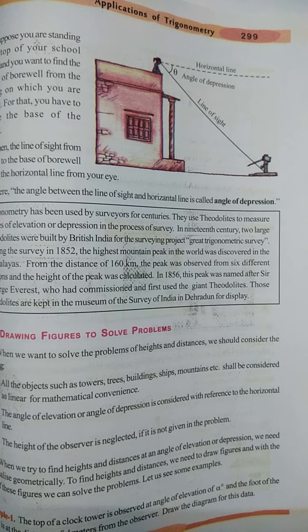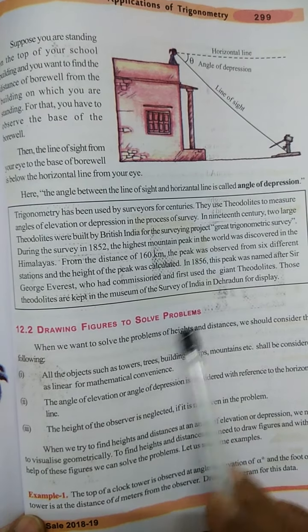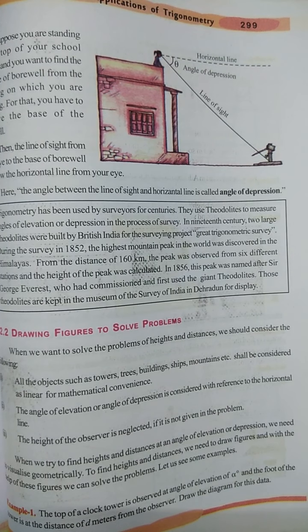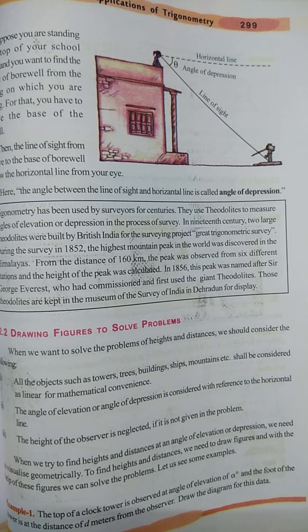So here are some drawing figures to solve problems. Three points are given. What you have to take care of when you draw the figures for a given condition: all the objects, towers, trees, buildings, ships, mountains, you have to consider in linear form.